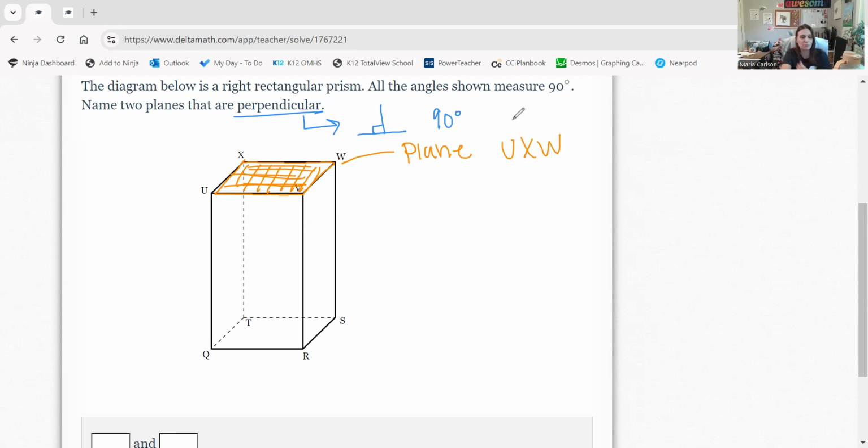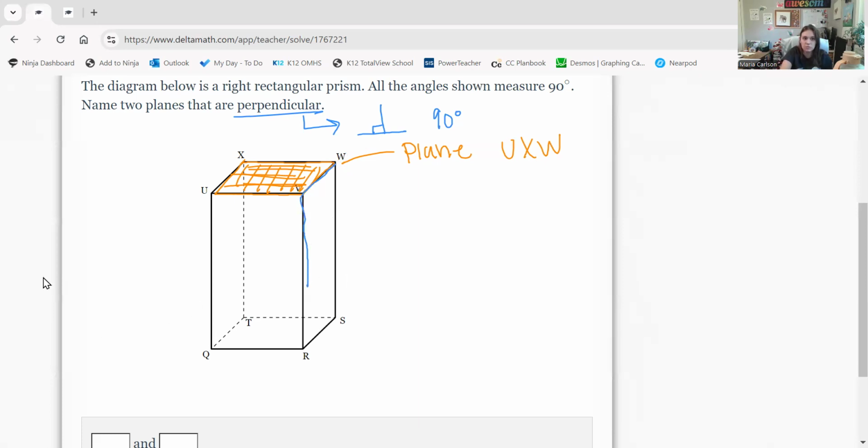And to find one that is perpendicular to it, I want to find one that meets at a 90-degree angle. And thinking about how a rectangular prism works or a box works, if we have the top and all of the sides are meeting it at a 90-degree angle, I can pick any one of these sides, and that plane is perpendicular. So I'm going to switch colors.